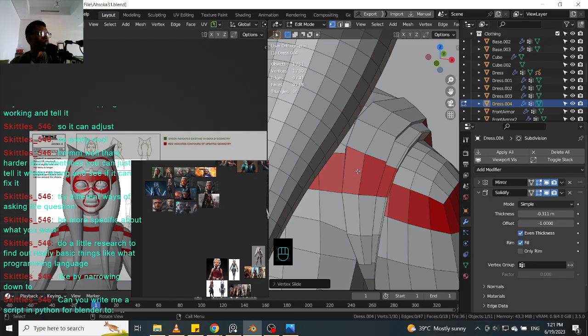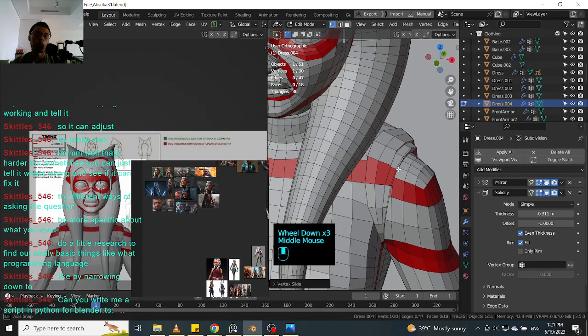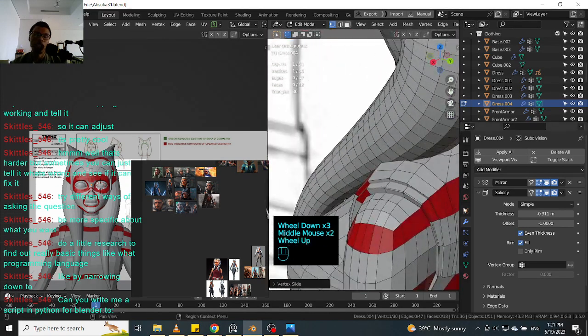Do a little research to find really basic things, like what programming language, narrowing it down to, you can write me a script in Python for Blender too. Right.